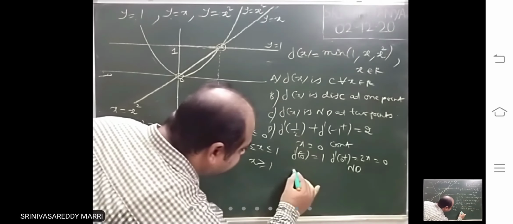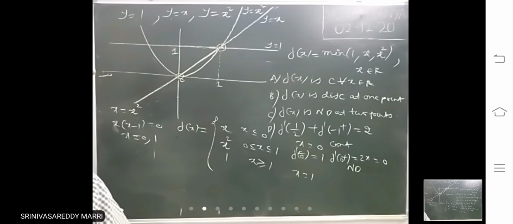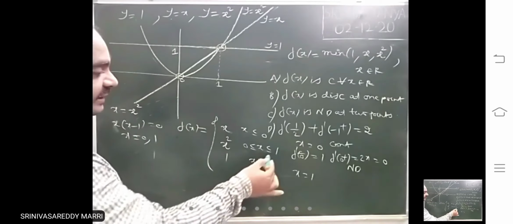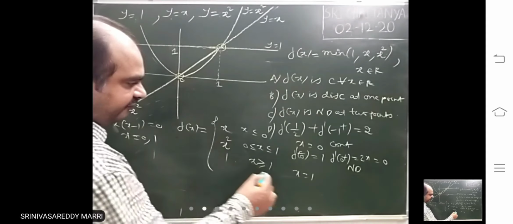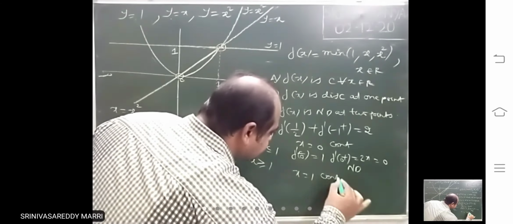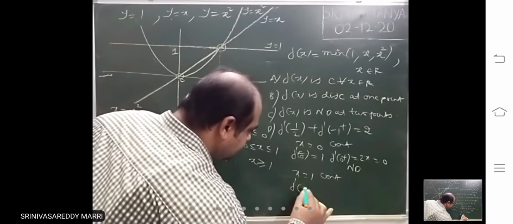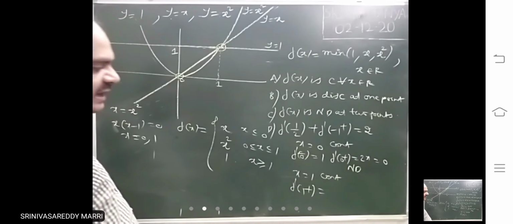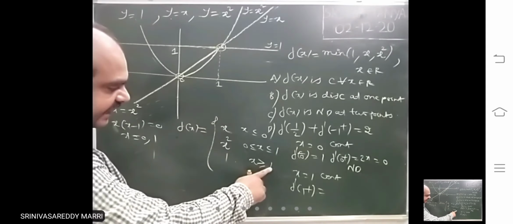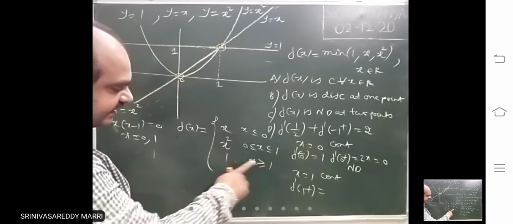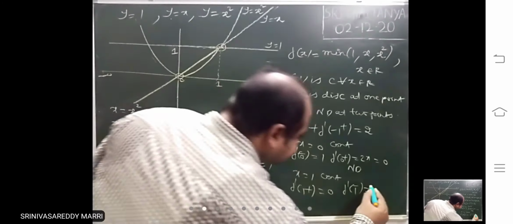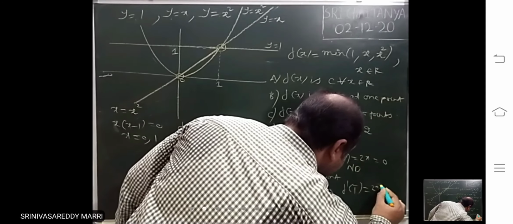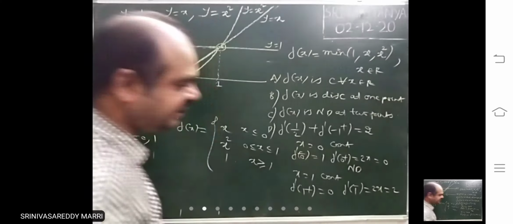Next, at x equal to 1, the left limit is 1, the right limit is 1, and f of 1 is 1. Continuous. F dash 1 plus, meaning greater than 1: the derivative of 1 is 0. F dash 1 minus, meaning less than 1: the derivative is 2x, and if you substitute 1, it is 2.